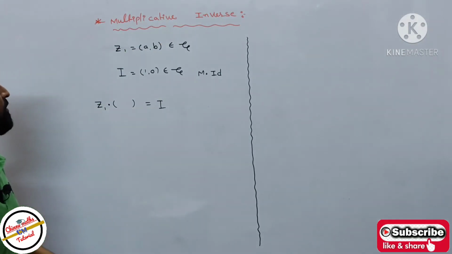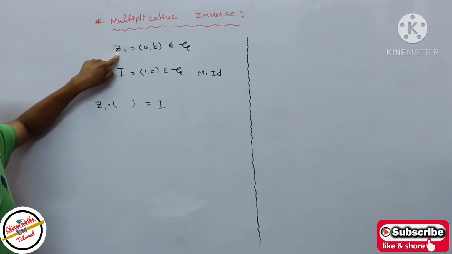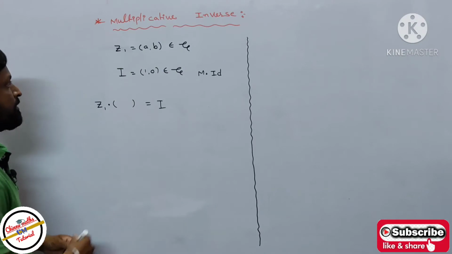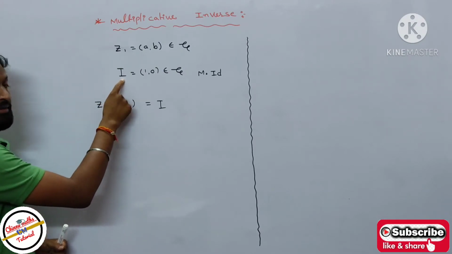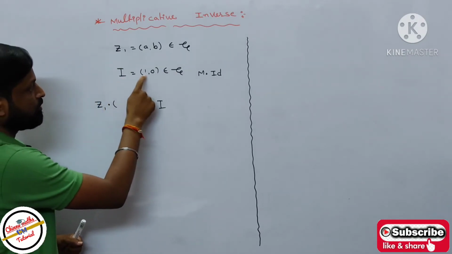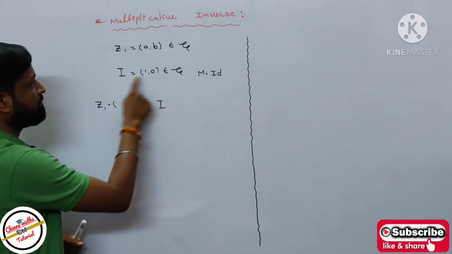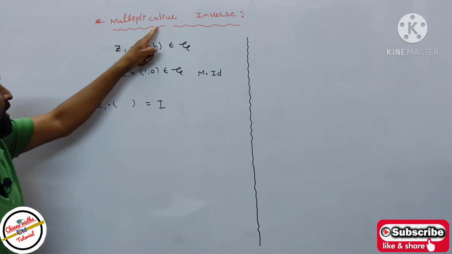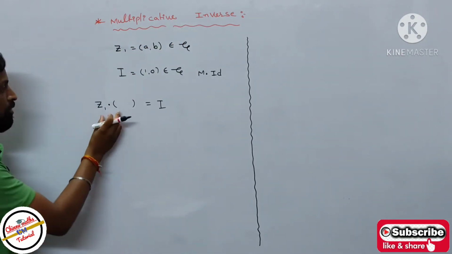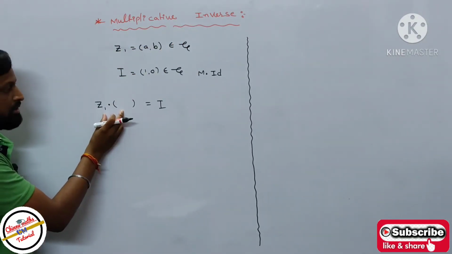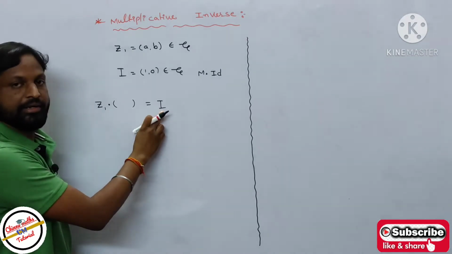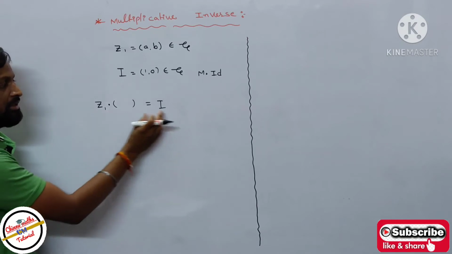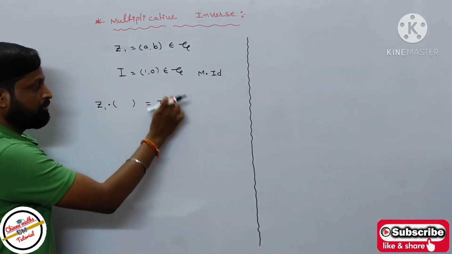See here, multiplicative inverse means I will take the complex number Z1 equal to the ordered pair A comma B, which belongs to the complex numbers. Next, the multiplicative identity, that is I equal to 1 comma 0, belongs to the complex numbers. So multiplicative inverse means the product of the two complex numbers gives the multiplicative identity.